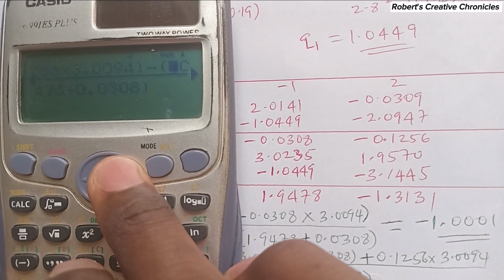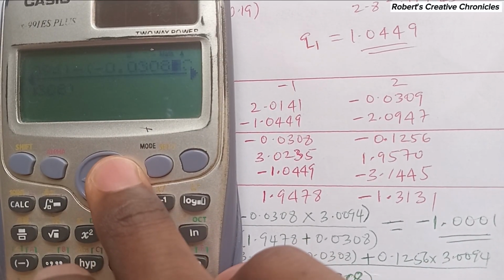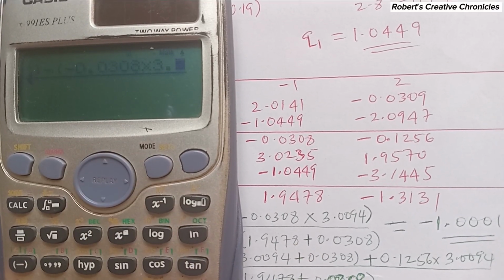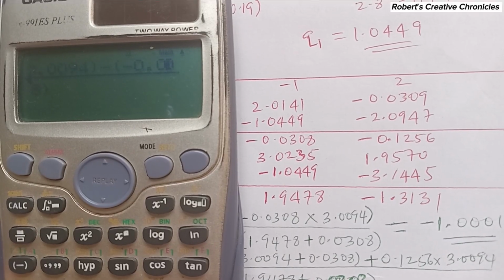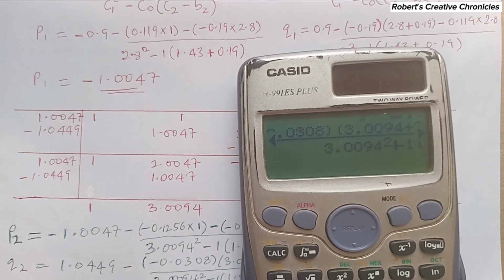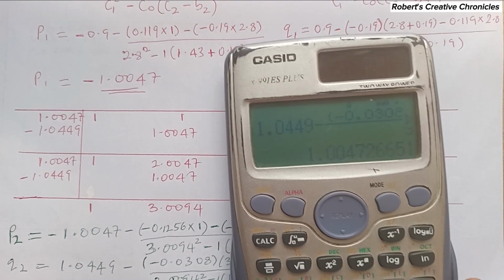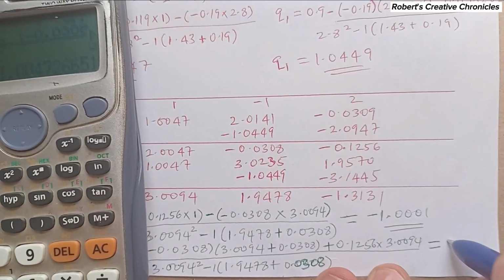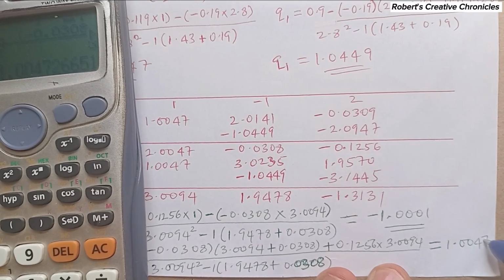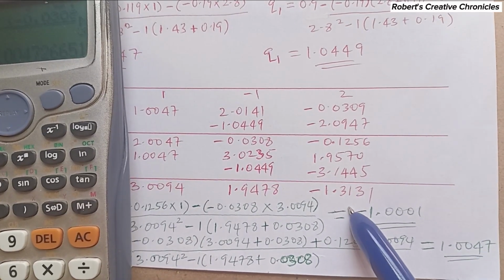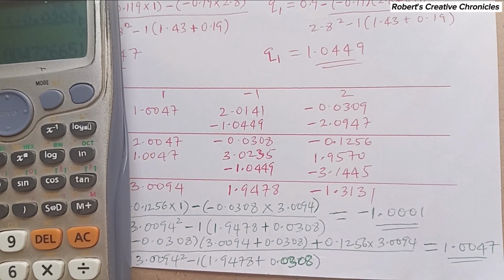Then we'll delete all these ones. So now this is equal to 1.0047. This is the value for P2 and this is the value for Q2.